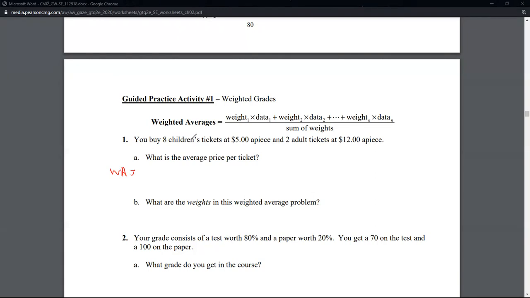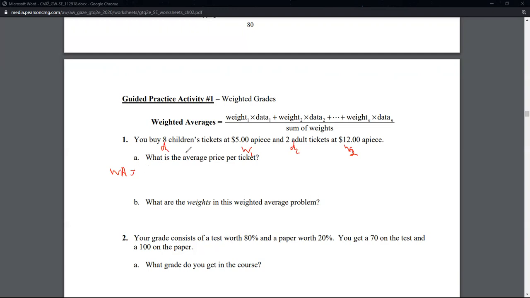All right, so weight times data plus weight times data. Maybe the 8 and the 2, the number of tickets, are the weights, or maybe the 5 and the 12 are the weights. This red is going to be for wrong. Let's say the $5 and the $12 are the weights, and the 8 and the 2 are the data, so D1 and D2.